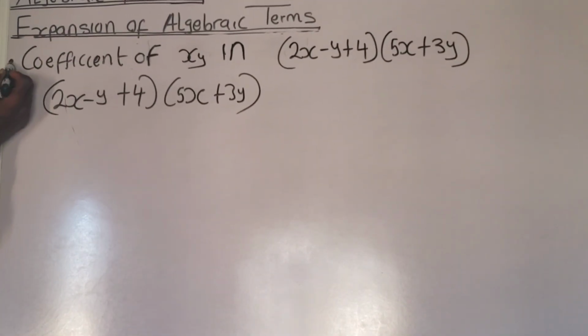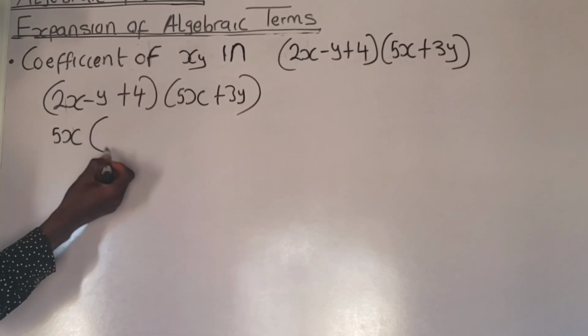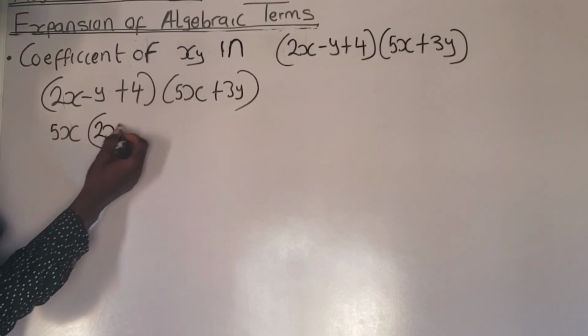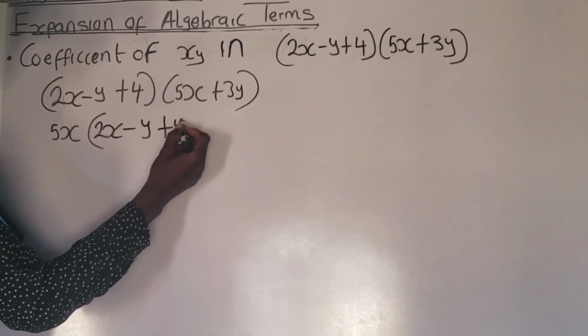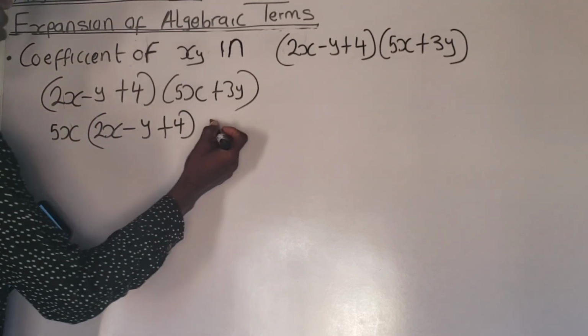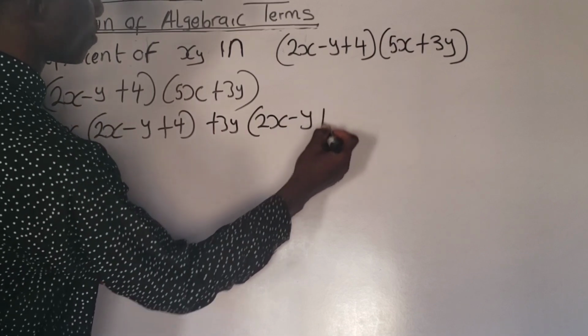For this, we are going to have 5x, and we multiply all the elements in this bracket. So I'm going to have 5x into bracket 2x minus y plus 4. Then for the second term, we multiply all the elements in this bracket. So I'm going to have plus 3y into bracket 2x minus y plus 4.